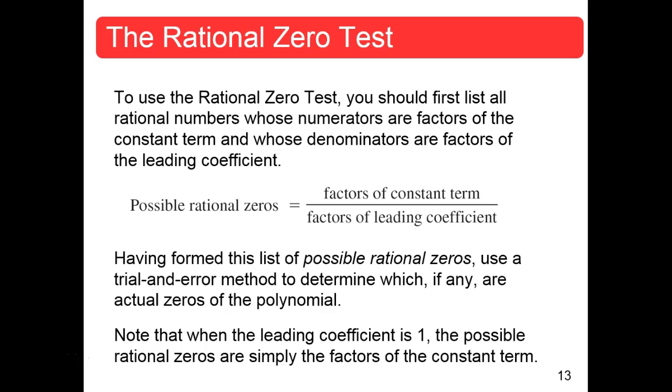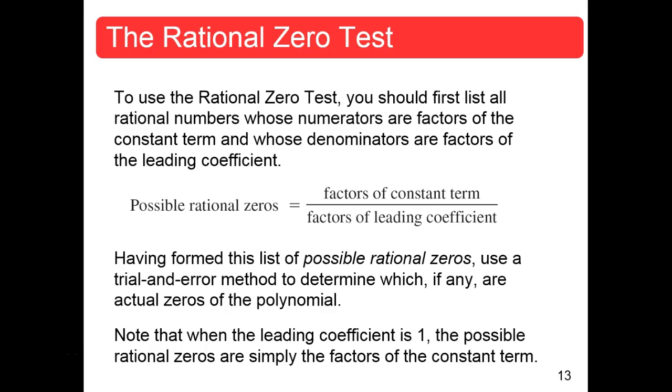To use the rational zero test, you should first list all the rational numbers whose numerators are factors of the constant term at the end, and whose denominators are factors of the leading coefficient, the coefficient at the beginning. So all your possible ratios, rational zeros, are factors of the constant term divided by factors of the leading coefficient.